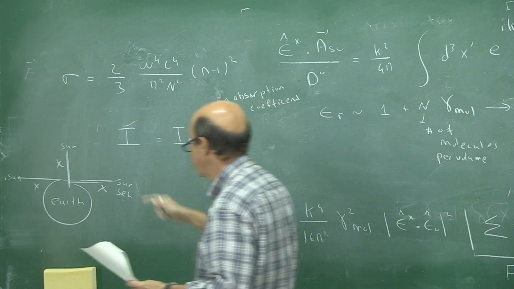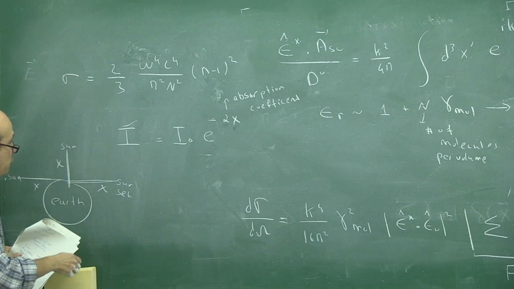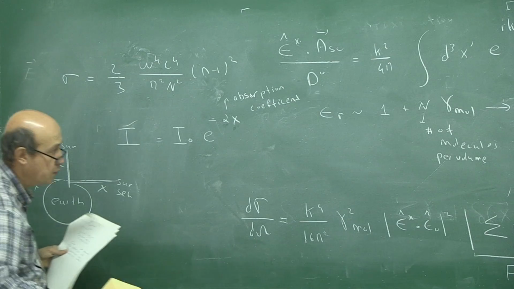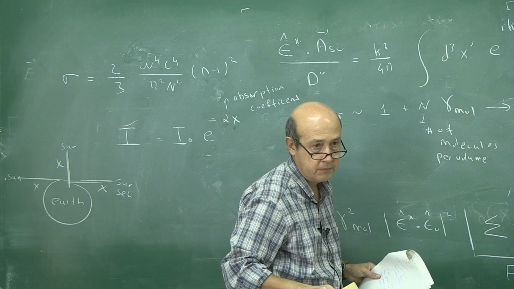Scattering cross section is the same, but the medium is different. So basically, you have to know what? You have to know the number of molecules per volume. Okay?